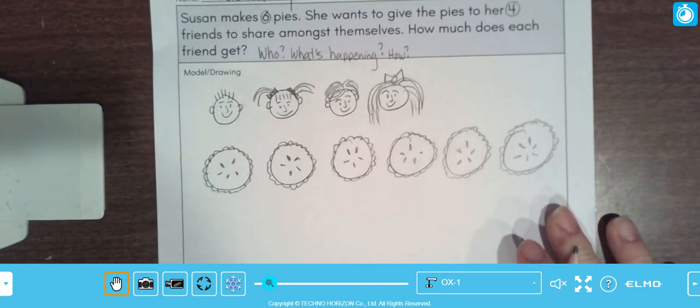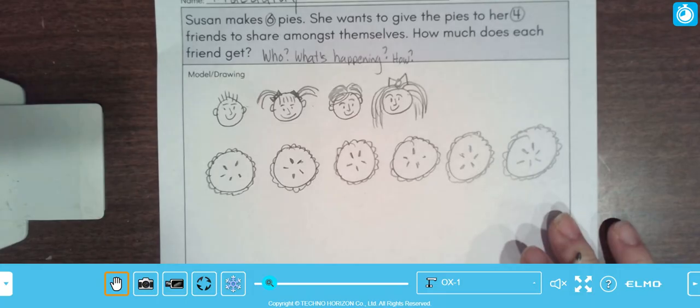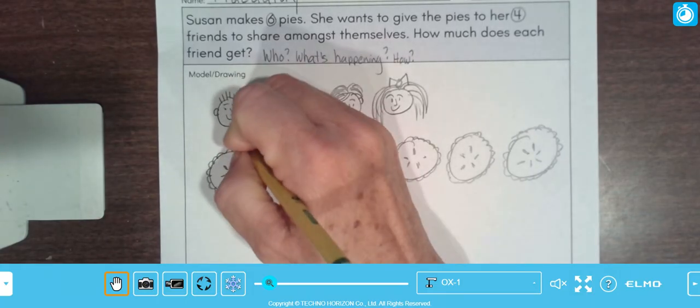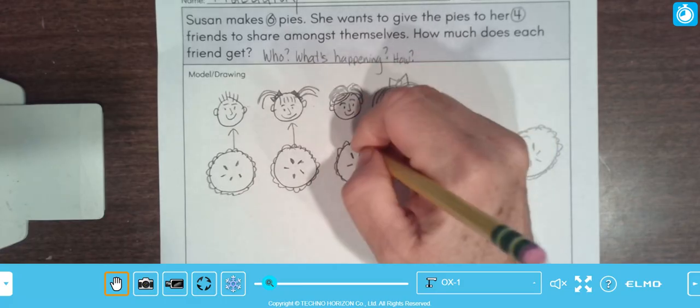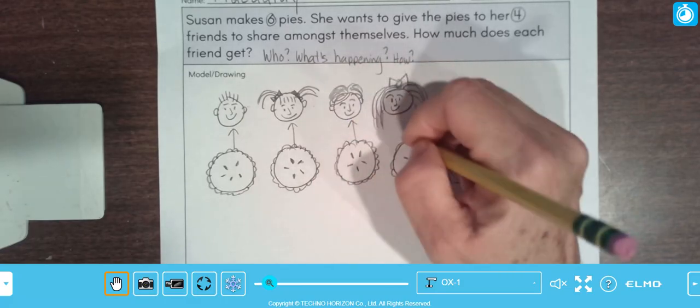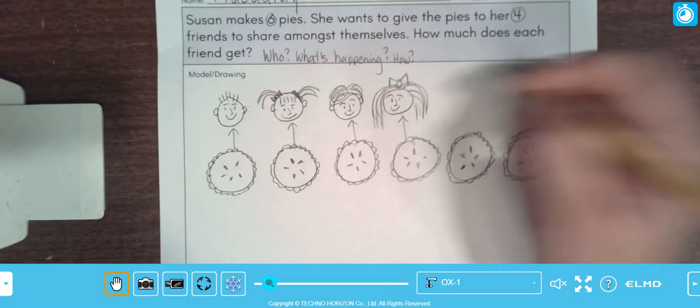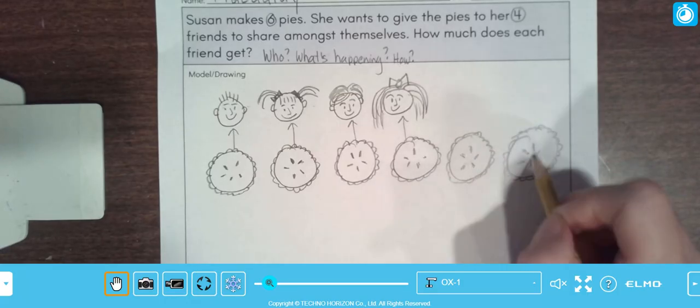Okay, so let's see about giving these pies to the friends. So this pie can go to him, and this pie can go to her, and this pie can go to him, and this pie can go to him. Now I have 2 pies left over.